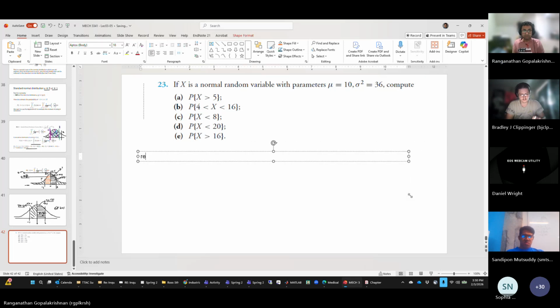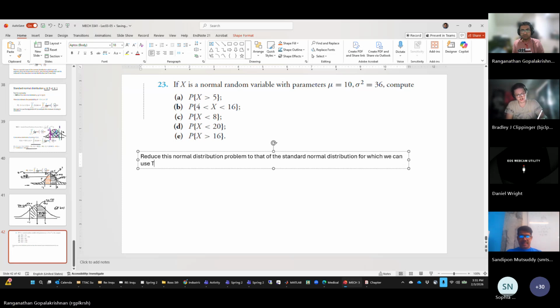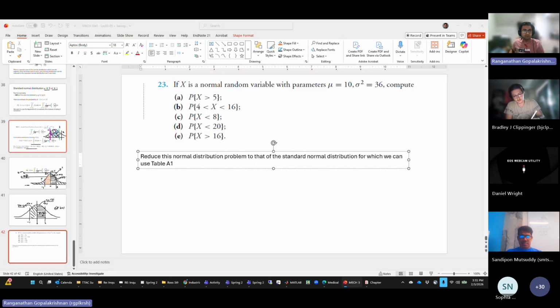Reduce this normal distribution problem to that of the standard normal distribution, for which we can use Table A1 or Appendix 1. This one here, we can use this.